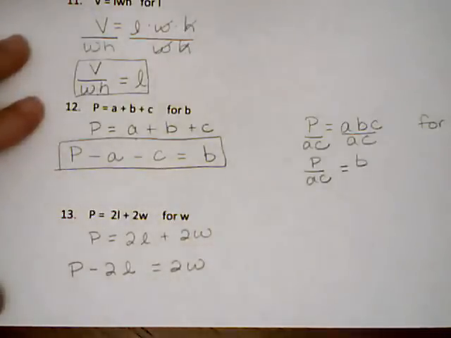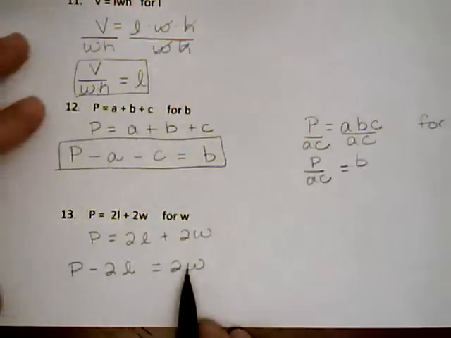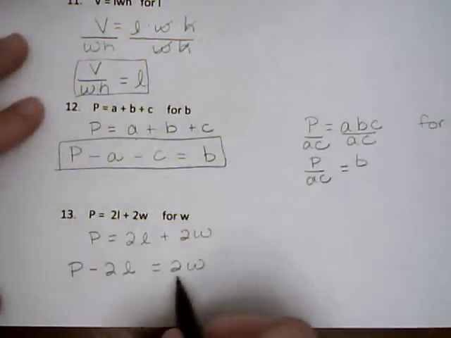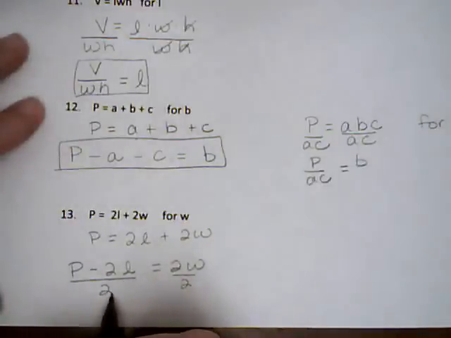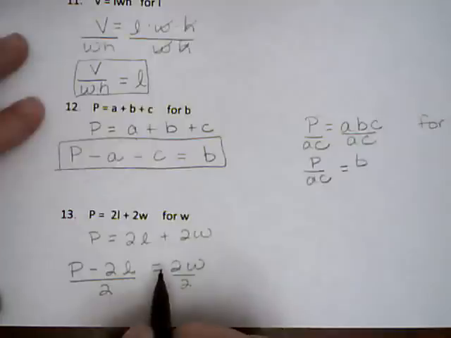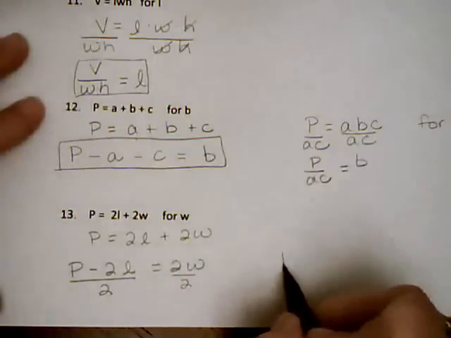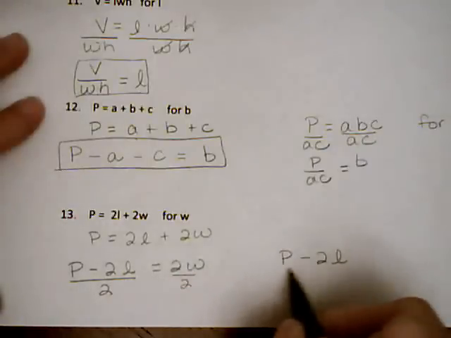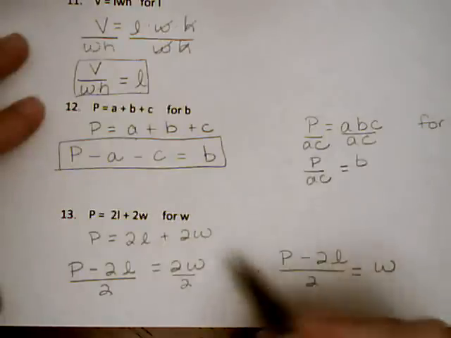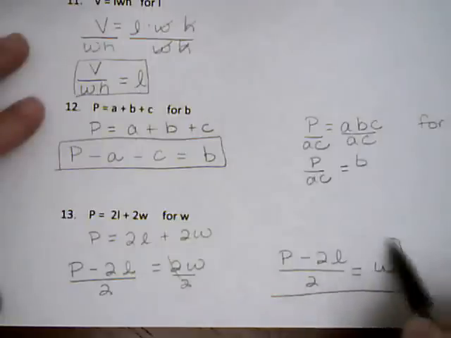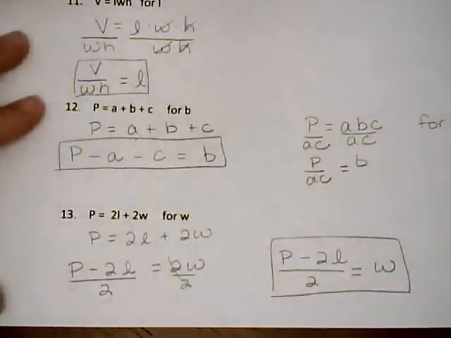And then how do I get W by itself? Well, if it's multiplication, 2 times W, then I can divide. Everything gets divided by 2. Notice I just put all of that divided by 2. So I would have P minus 2L all over 2 is equal to W, because then my 2's would cancel there. So this is my answer. That's my solution that I would type in.